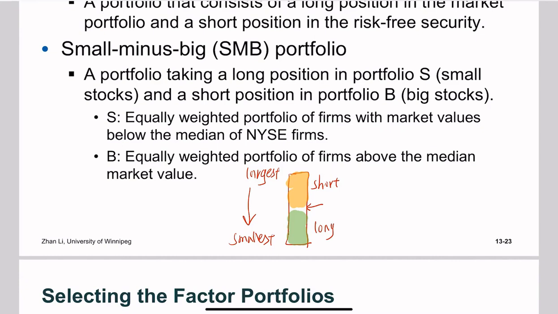So this is essentially a long-short portfolio. You will take a long position in small stocks and a short position in big stocks. Right? And this is your SMB factor portfolio.